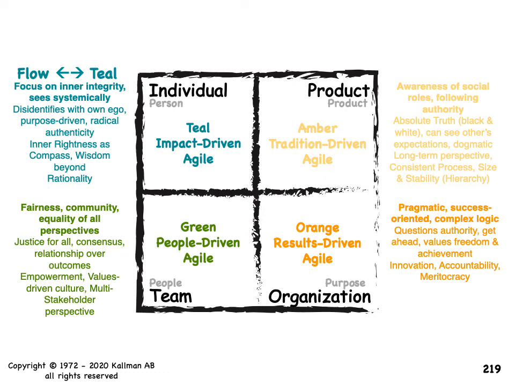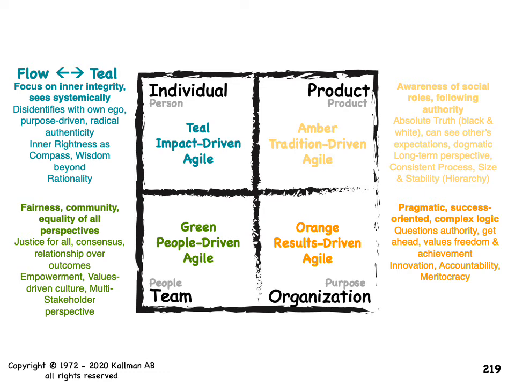Their values include empowerment, a values driven culture, a multi stakeholder perspective, because the team knows that they have to satisfy the needs of not just the customer, but of all of the stakeholders that are involved in the development of the product, service, or result that they're trying to ultimately deliver.